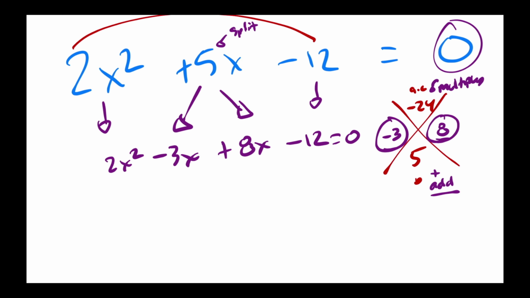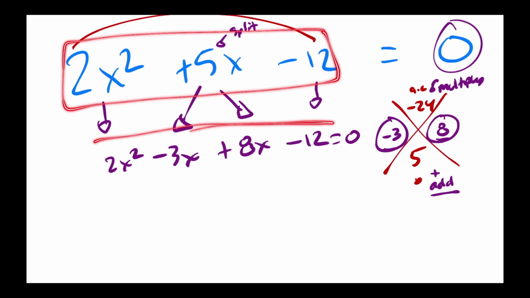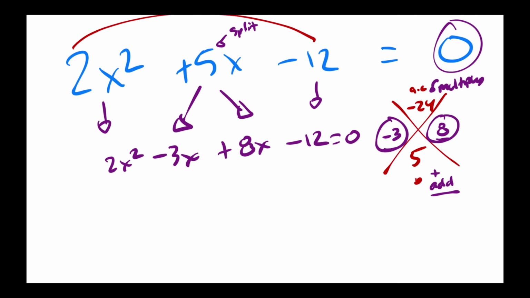The reason I'm doing this is so I can factor by, does anyone remember? When I have 4 terms here, you see I have 4 terms. I made this 3-term trinomial into 4 terms so that now I can factor by, oh, nobody remembers.